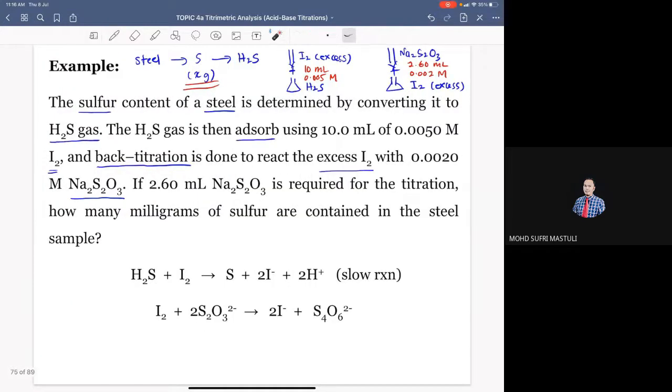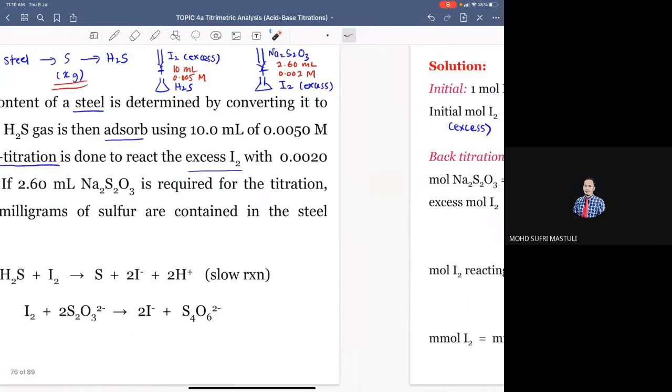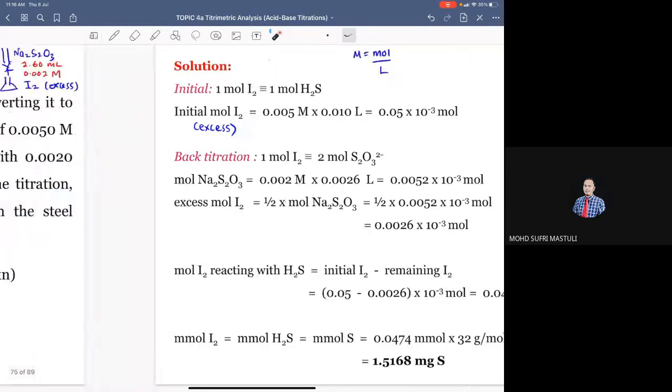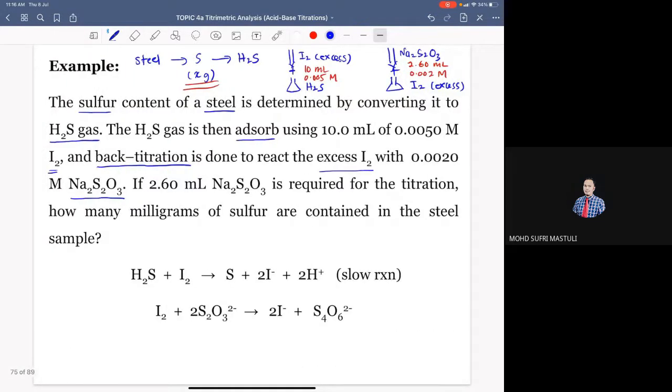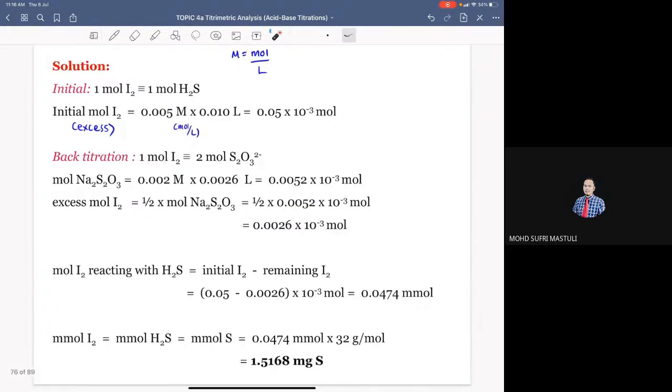Information is given: 0.005 molar. This one is again mole per liter. This is why you have to convert the 10 ml to liter.